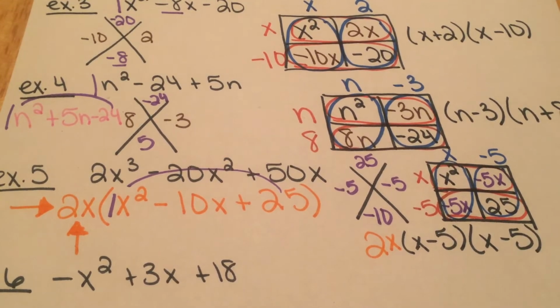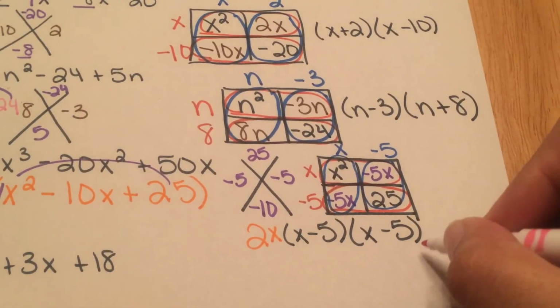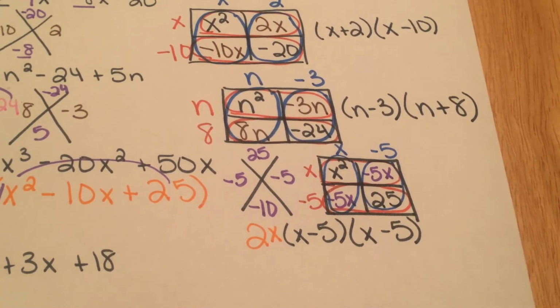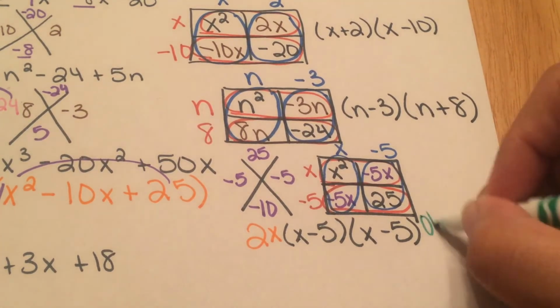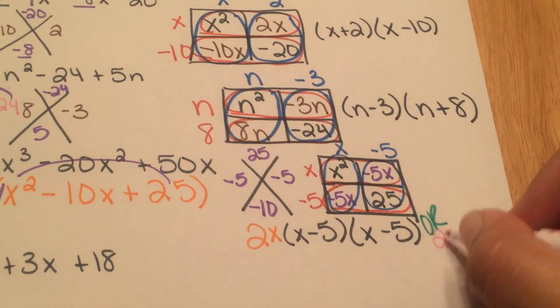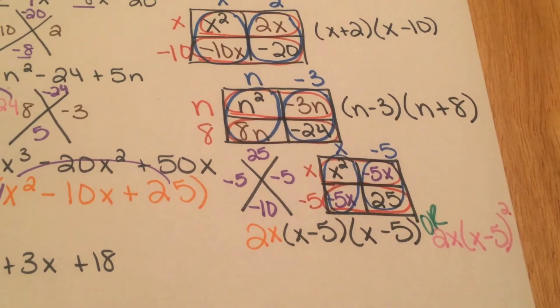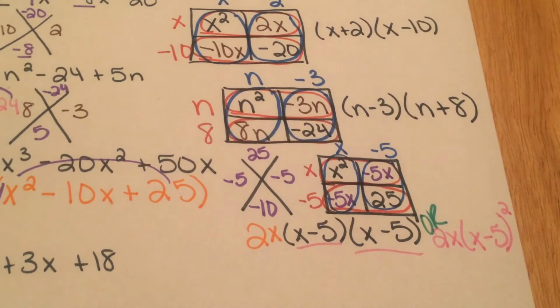So there actually is a simpler way that we can write this out also. Instead of 2x times x minus 5 times x minus 5, we can also have, I guess I should put a big or here, or we can have 2x times x minus 5 to the second power, because we know from our laws of exponents that it means we're multiplying twice.